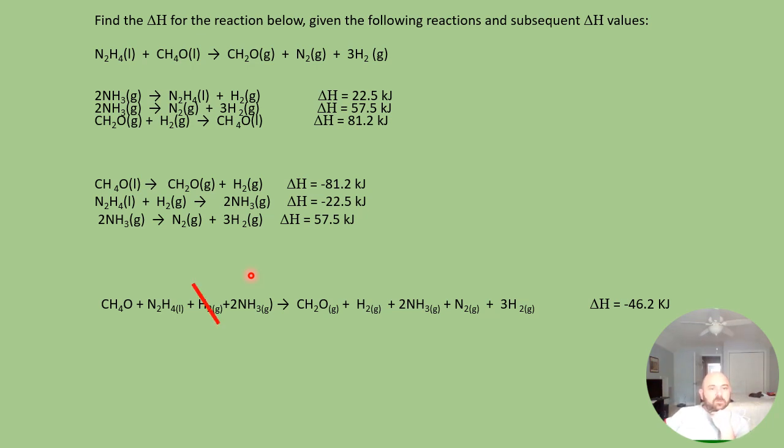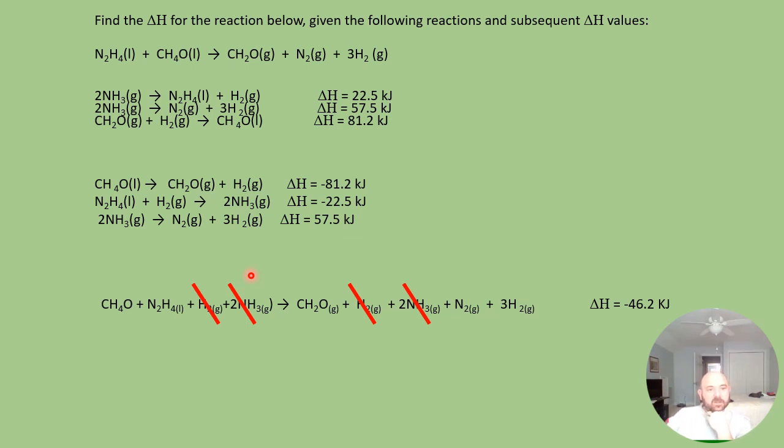If we cancel the two H2 moieties we see, we would be left with what we see here. We also can cancel the two NH3 moieties on each side. And when we do so, we are left with this reaction, CH4O plus N2H4 yields CH2O plus N2 plus 3H2.